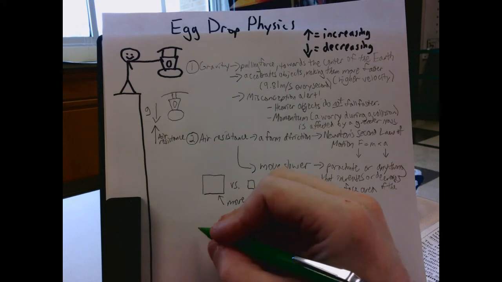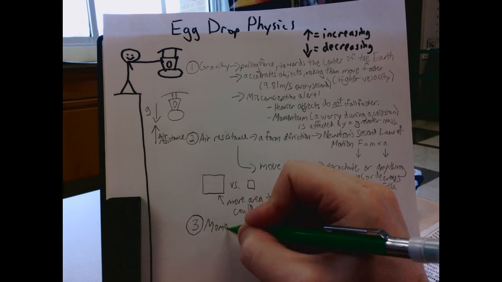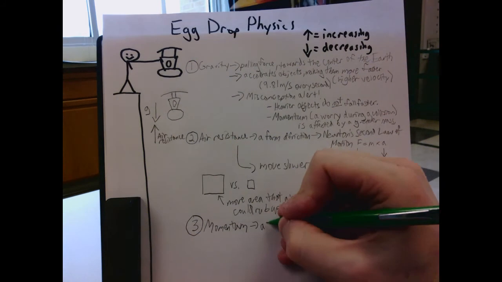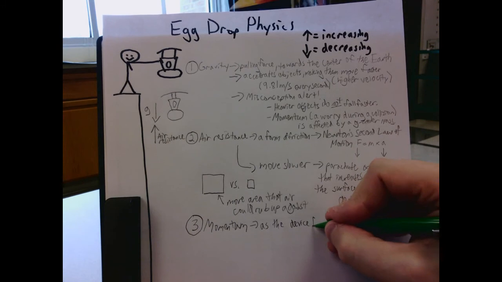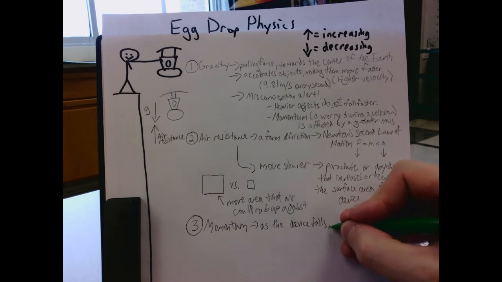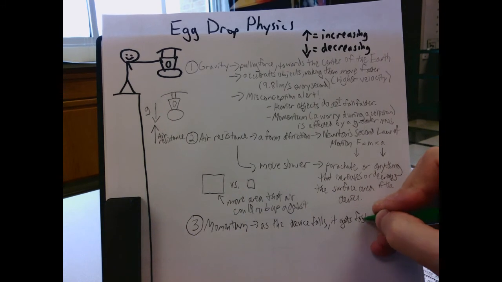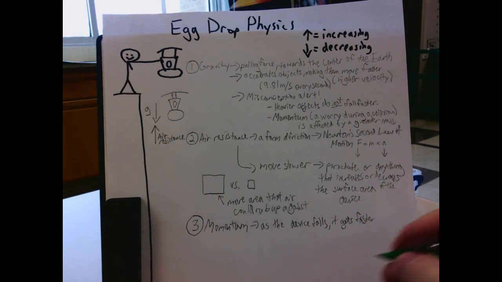Now, as that device continues to fall, there's also going to be an effect on the momentum of the device. As the device falls, it gets faster. We know that it's going to get faster because even with air resistance working against gravity, air resistance is never going to counteract the pull of gravity, at least not with the materials that we have available in this lab.